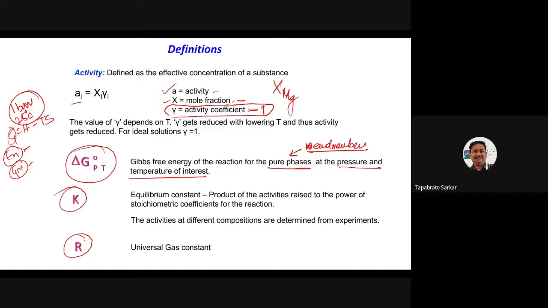For many of our calculation purposes, we do take it as one, but it doesn't matter. We don't have to get into that confusion. Whatever the activity coefficient is, it's a numerical value, and then activity is directly proportional to the composition. Now the composition we can directly measure from the rock.